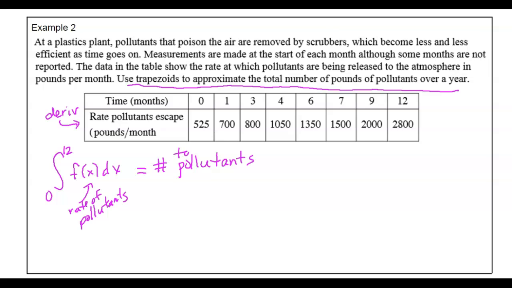Okay, and I always like to say total. Whenever I integrate, I always put total because you're accumulating all of those rates, all right? So if we want to use trapezoids, the first thing we need to notice is, can we use our shortcut, or do we have to do all of this by hand? And the way you decide is you look at my intervals.